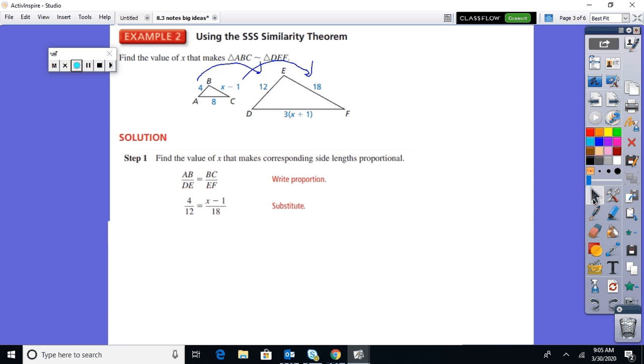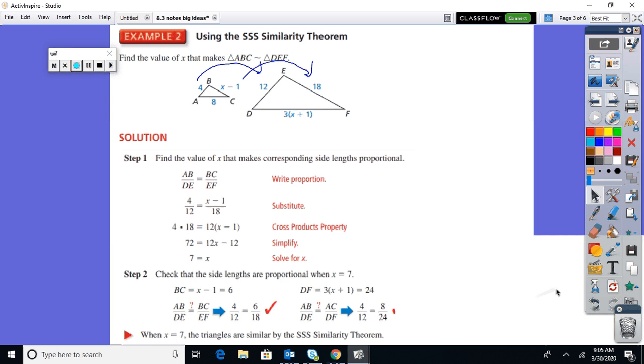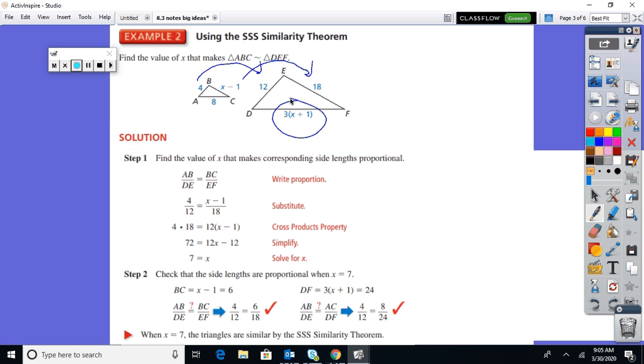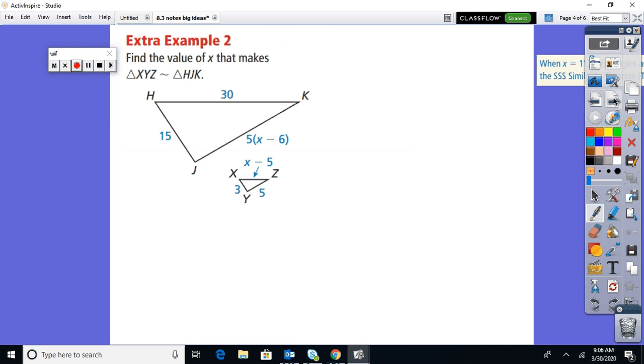Cross multiply, and you have 7 as the value of x that would make these two triangles proportional by SSS. Since you do have a third side that has a variable in it, it is a good idea to go ahead and check to make sure when you plug 7 into the side that has an x in it, you're getting the same proportion. And in this case, indeed you do.